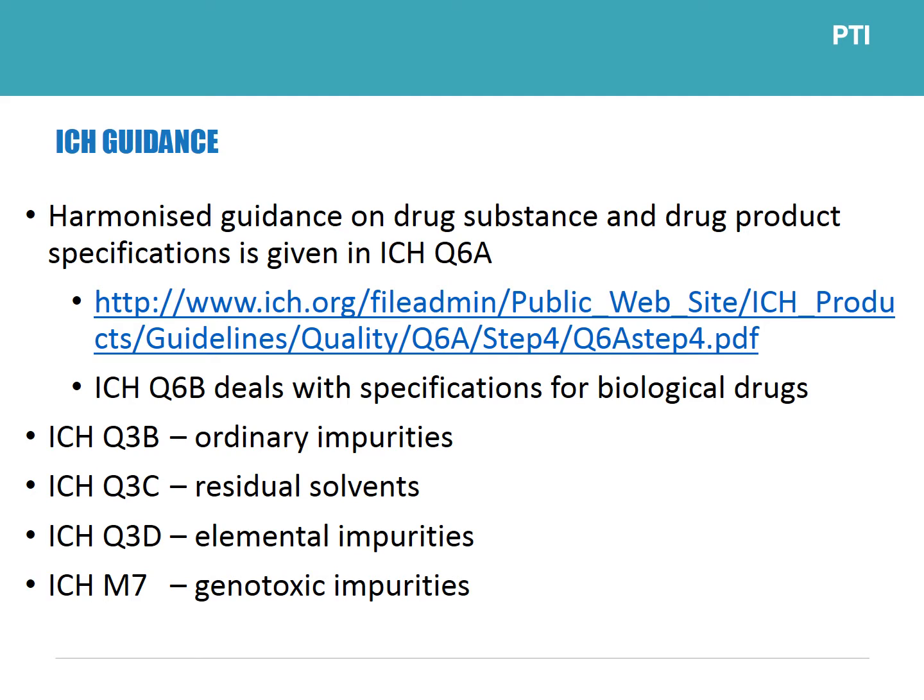Q3D is elemental impurities. And there's a relatively recent guidance on genotoxic impurities, ICH M7, that sets what's known as a threshold of toxicological concern for genotoxic impurities. And it's just worthwhile mentioning that residual solvents and elemental impurities are usually controlled in drug products by measuring them in the components that go into drug products.